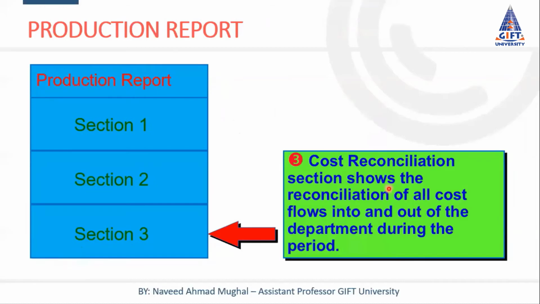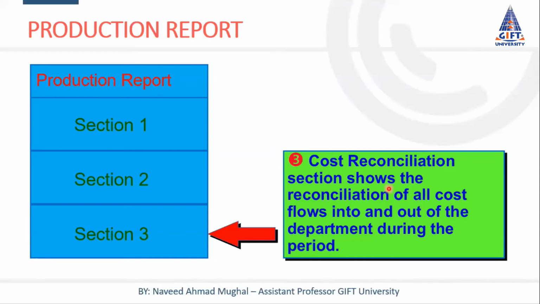Then in the third portion, we reconcile the cost which we calculated in part 2. In section 2, we calculated total cost, and in section 3, we will reconcile that total cost. Reconcile means that from that department, some units will be transferred to the next department, and of course, their cost will also be transferred.